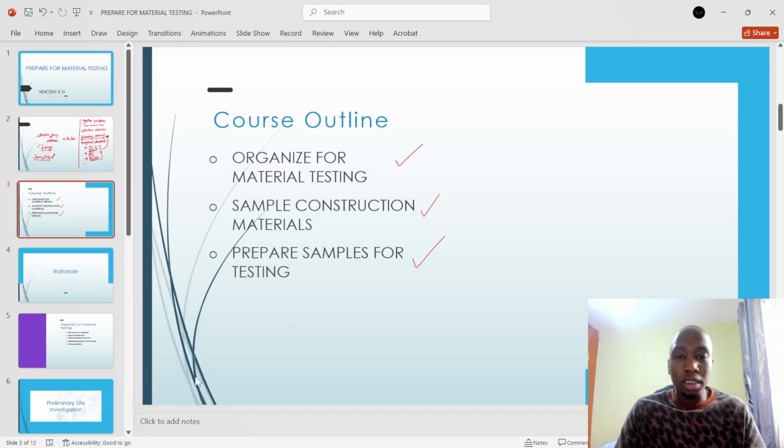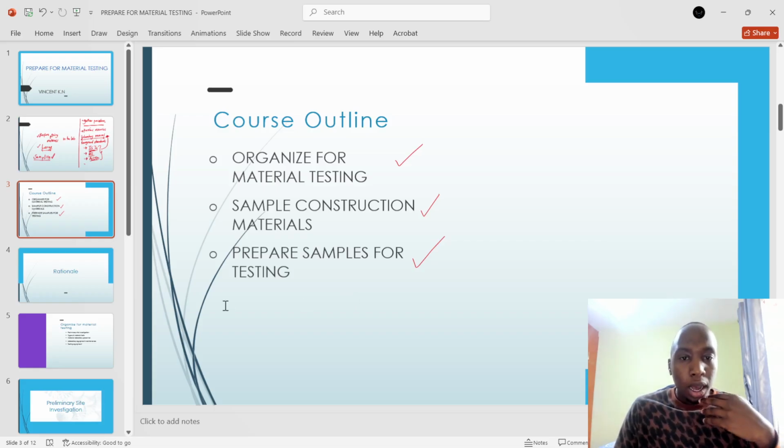So it's a very easy, very simple unit. It just entails these three topics. When we are done with these three topics, we will be good.